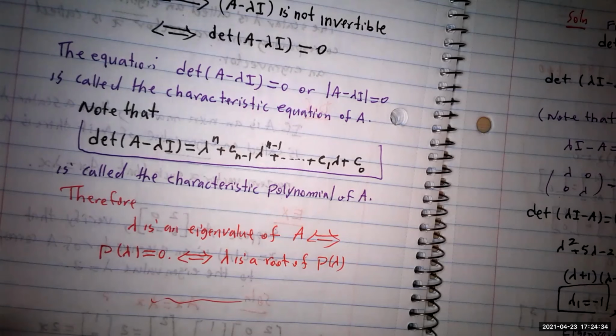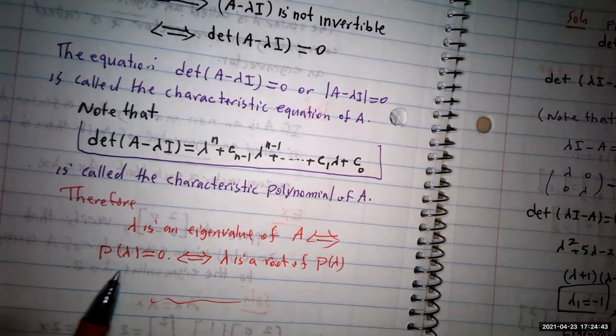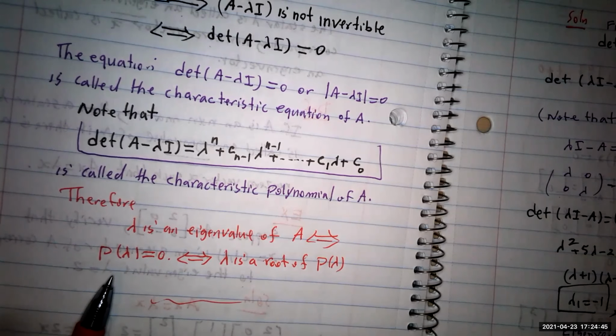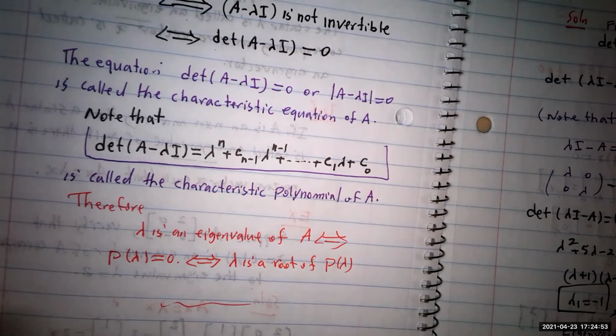If you consider complex numbers, then any polynomial equation would have a solution. P of lambda has degree n. If you accept the complex numbers, you are going to have n solutions, which means you will always have eigenvalues.